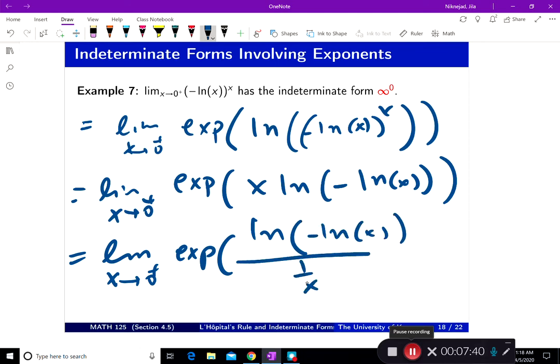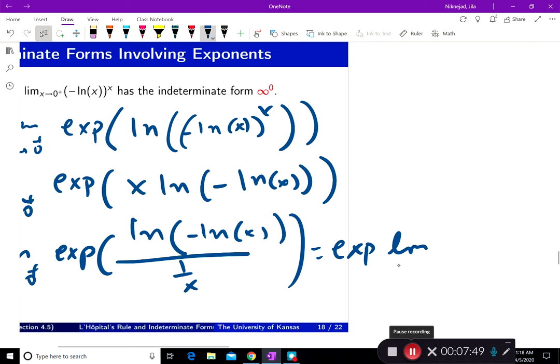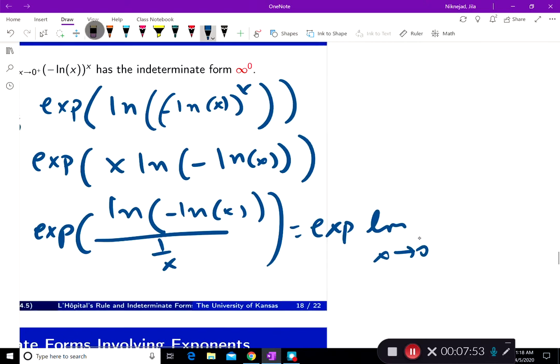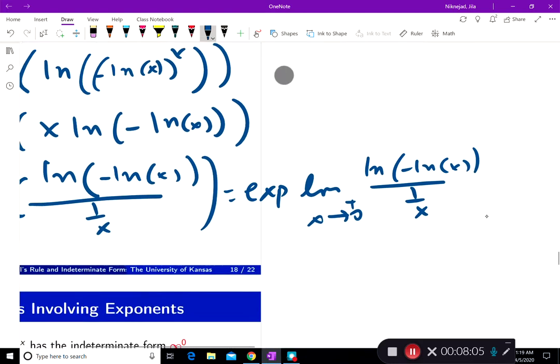over 1 over x. Now I can bring the limit in, exponential limit x goes to 0 from positive, natural log of negative natural log of x over 1 over x. This is infinity over infinity.